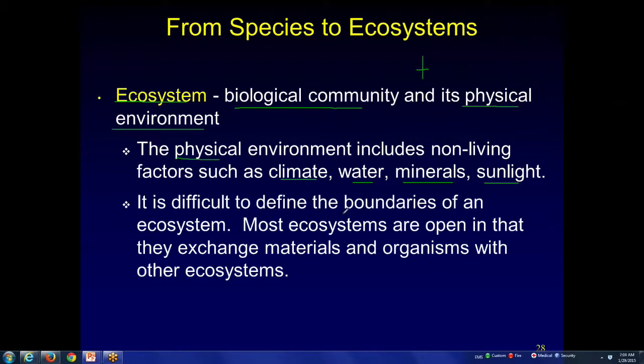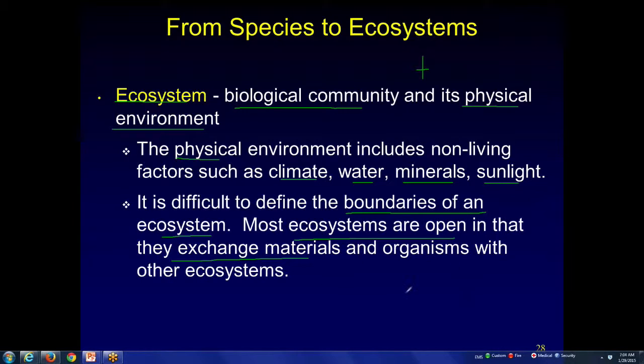It is difficult sometimes to define the boundaries of an ecosystem. If it's an aquarium, if you have a fish aquarium at home, folks, that is very easy. That boundary is clear, it's obvious. But in the natural world, ecosystems are open in that they exchange materials and energy with the surroundings, and other organisms can come and go.